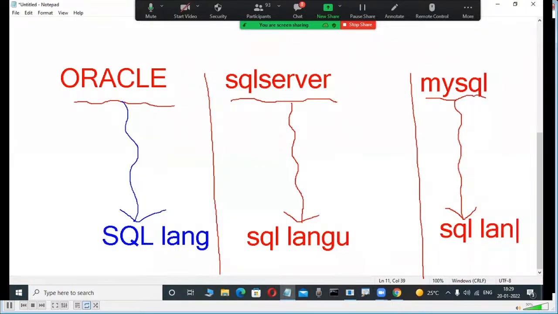Now what is my doubt? Many people attending this demo class have a doubt: are all these SQL languages the same or different? Whether you work on an Oracle database, or your friend works on SQL Server, or another friend works on MySQL, all of you use SQL. But are these SQL languages the same or different?